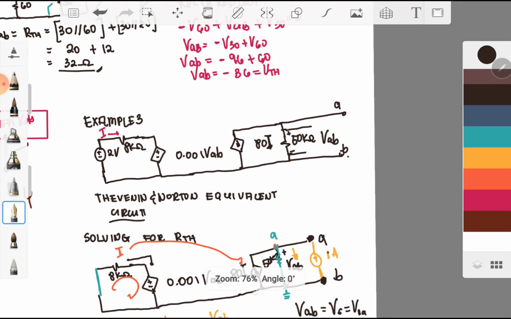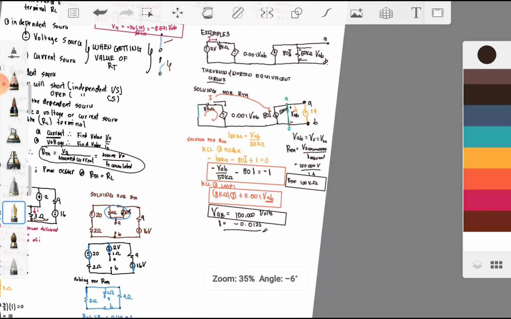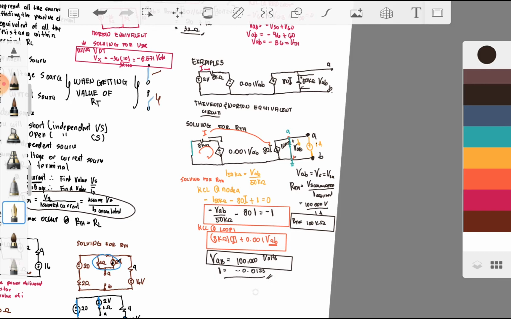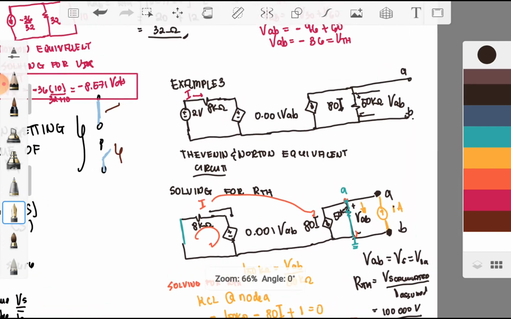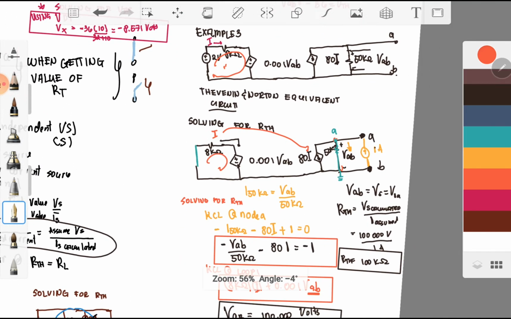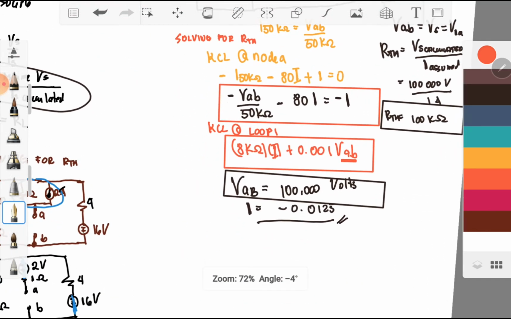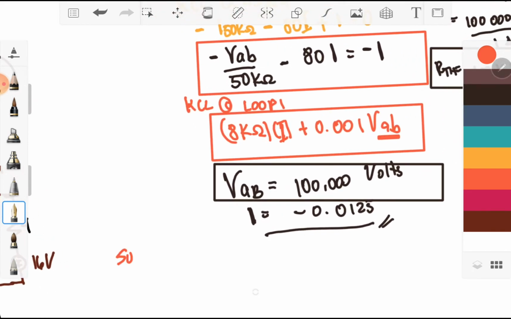So let's have a look at this, let's say I prime. Look at your circuit diagram. So KVL, solving for VTH.